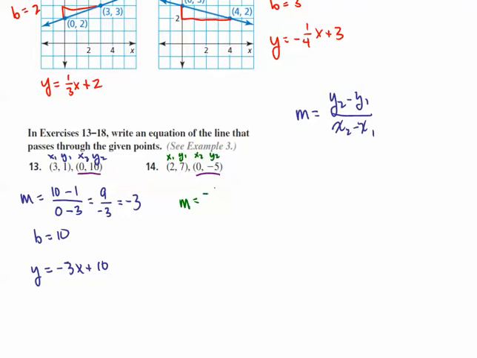So I have y2, which is negative 5, minus y1, which is 7, over 0 minus 2, and we end up with negative 5 minus 7 is negative 12 over negative 2, giving me a slope of 6. Since I know that the y-intercept is negative 5, I end up with y equals 6x minus 5. And we'll go on to the next problems.